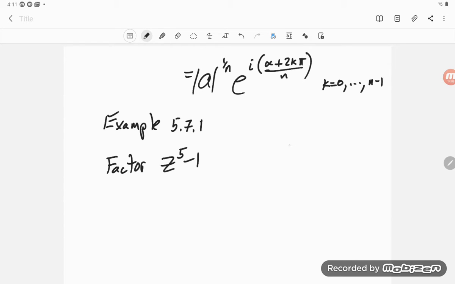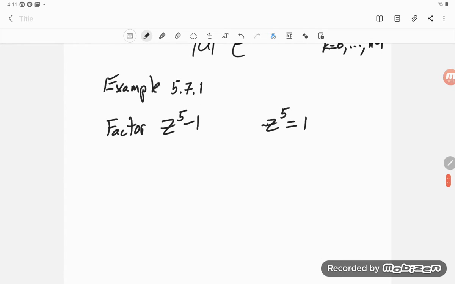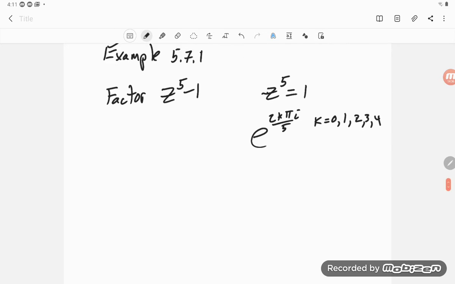Well, I need the roots, so I want to solve z^5 equals 1, and what I get for that is e to the 2kπi over 5, k equals 0, 1, 2, 3, and 4.